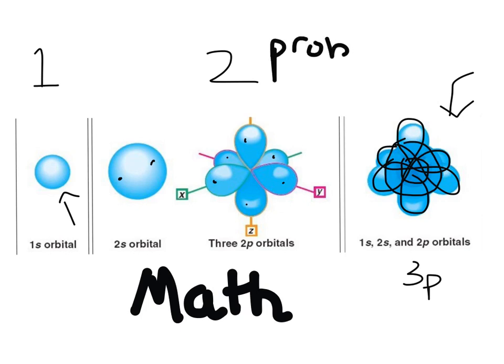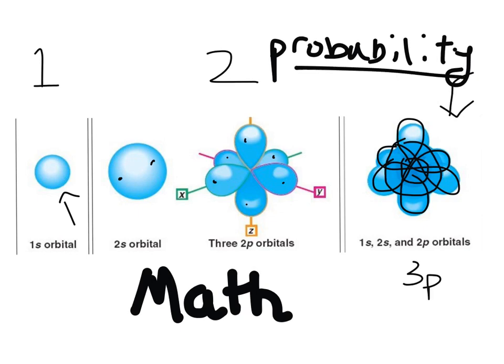So if you've ever learned anything about probability, like dice rolls and permutations and stuff like that in your math class, that's what you use that stuff for. It's actually a very practical form of math, and what they did was they actually calculated out mathematically where these electrons would be likely to be based on their attraction to the nucleus and their repulsion from each other. And that's how we get these interesting electron clouds.